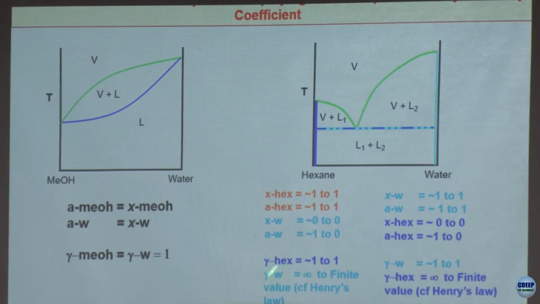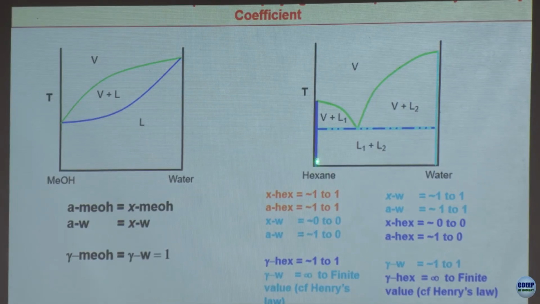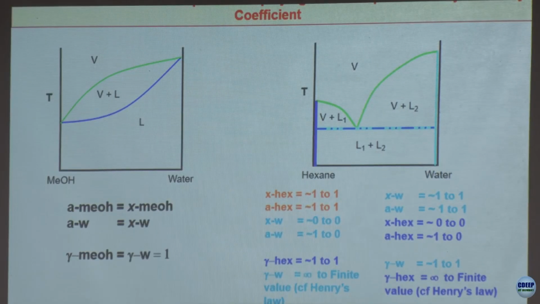Fine. So the activity of water here in the liquid phase was almost 1, and then it will become 0 here once all the water is lost. And similarly here. The question is, how do you get these activity coefficients?